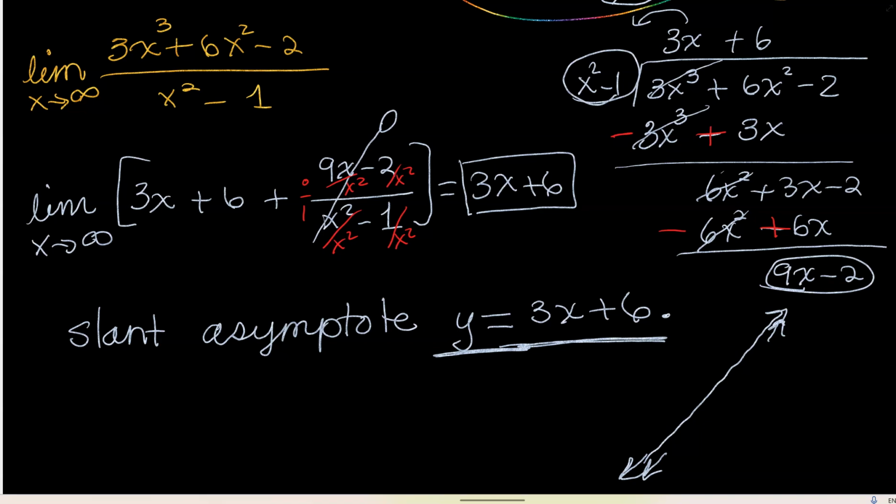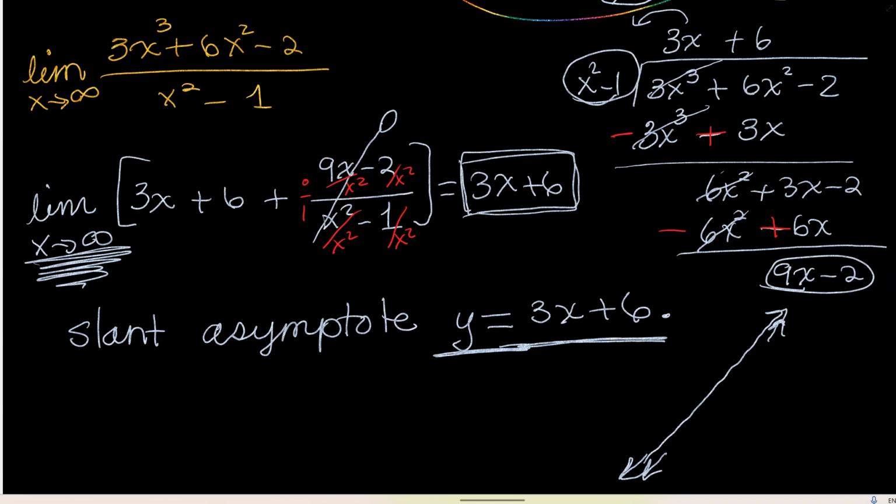A slant asymptote is when you are looking for the limit as x goes to infinity, meaning when you're studying that horizontal asymptote, you'll get a linear function. That's a line. So you are saying that your function way out there will behave like that line.